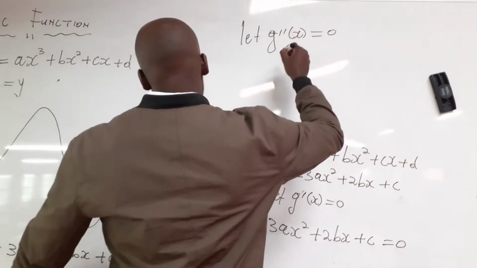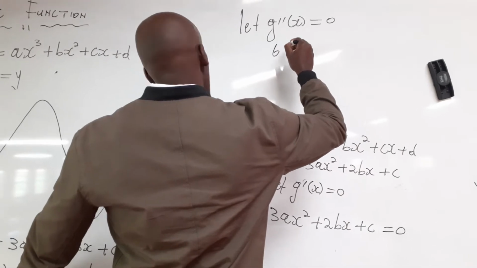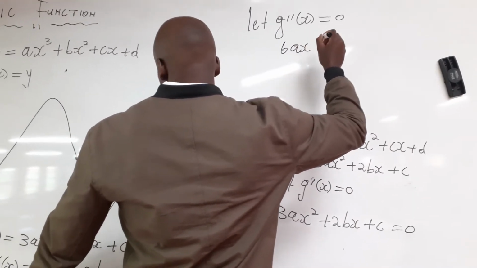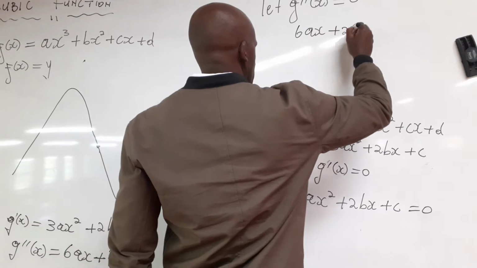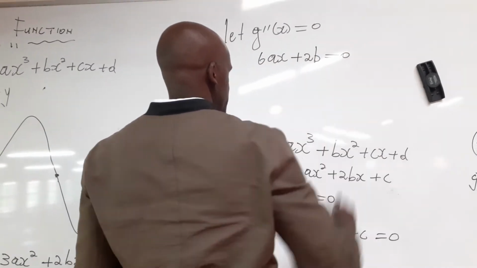So our second derivative is 6ax plus 2b. You let it be 0.